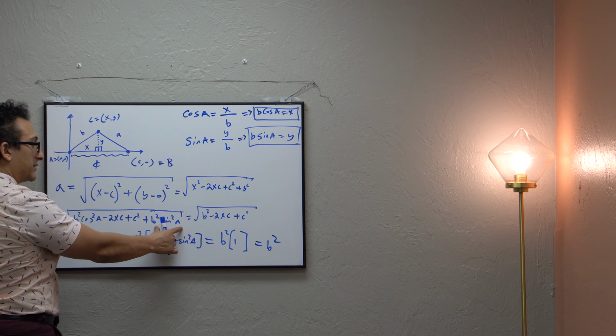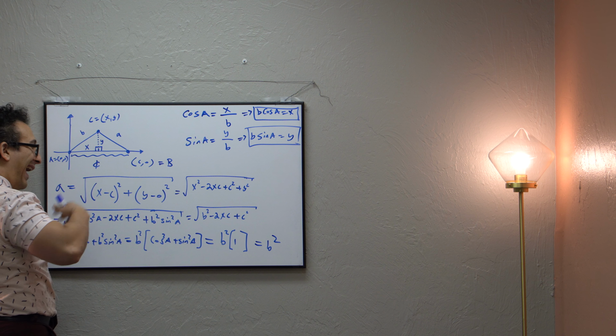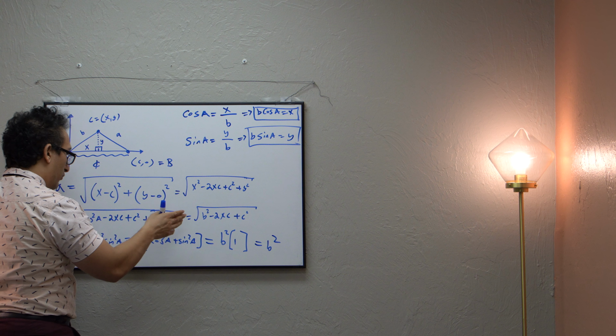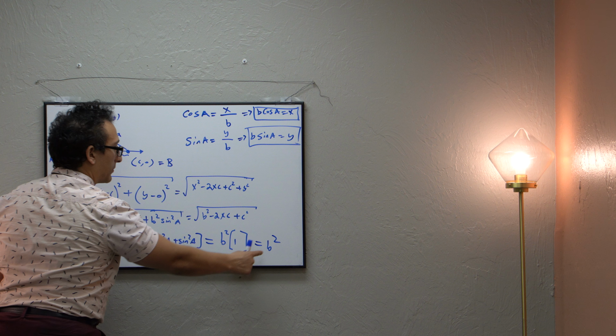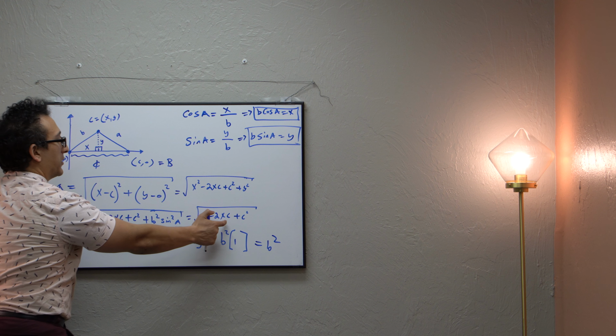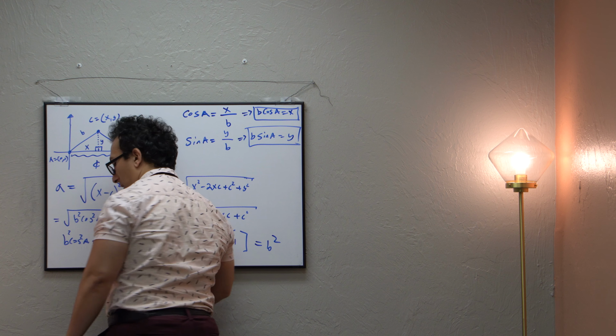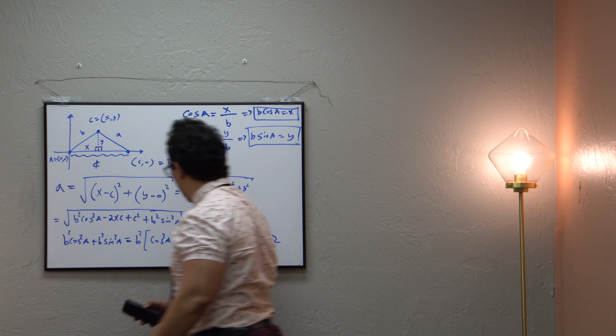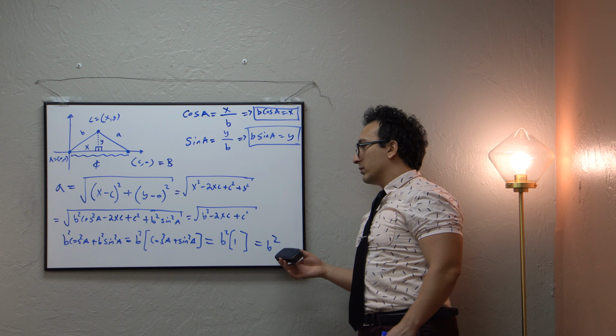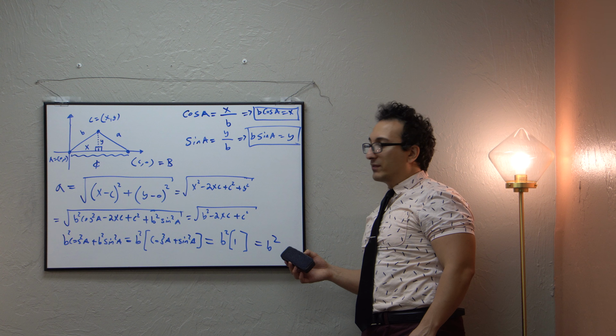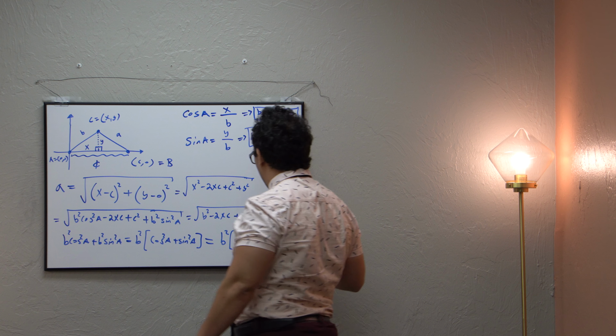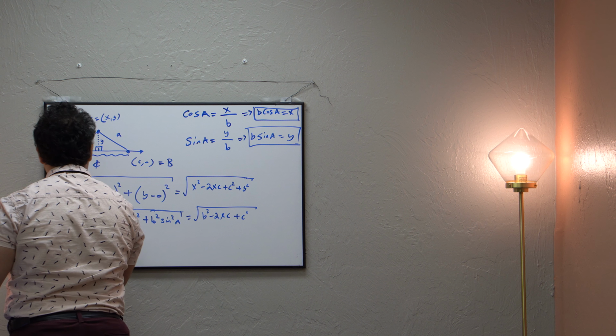That's why I could take this term and this term out, rewrite everything, and just put a b squared. That's how we get to here. So, without further ado, I'll give you some time to pause the video and write that down and contemplate it if it didn't make sense. And I'll erase this because I'm going to continue the calculation.